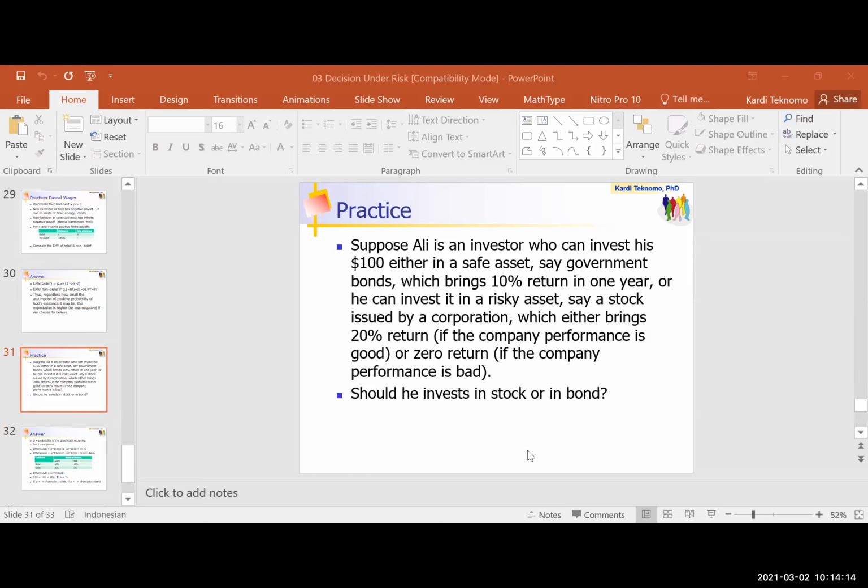Now, next problem. Suppose Ali is an investor who invests, say, $100 either in a safe asset, like a government bond, which brings a 10% return for 1 year, or the alternative decision is he can invest in a risky asset, say stocks of a corporation, which bring a 20% return if the company performance is good, or zero return if the company performance is bad.